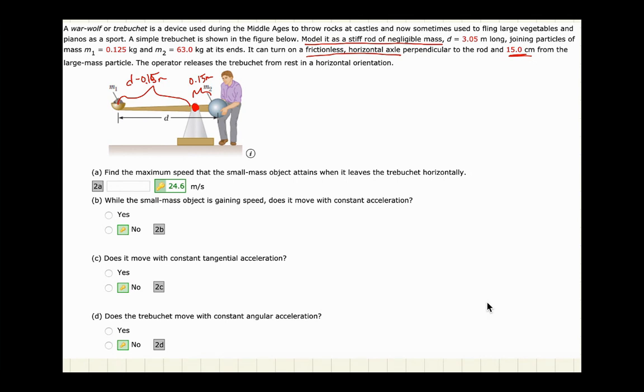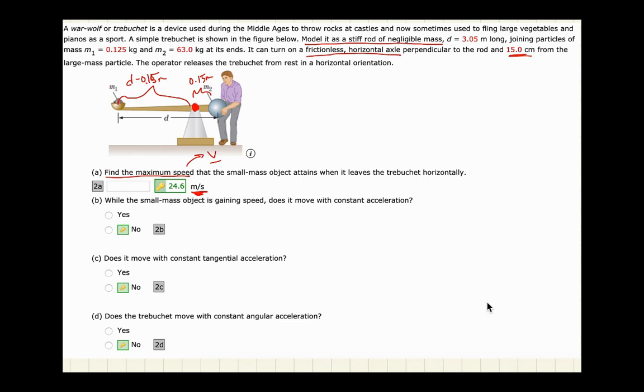The question here is to find the maximum speed, and note that it refers to speed, not angular speed or rotational speed. So this is actually asking for v. You can confirm that by looking at the units of the answer, right? v would be given in meters per second.